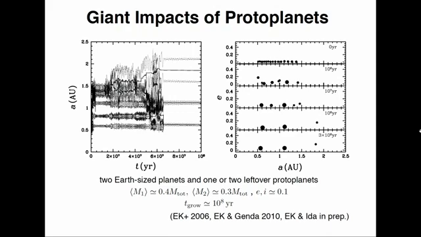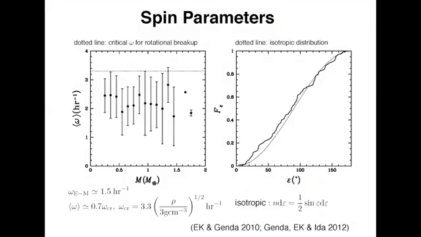For example, the masses of the largest and second largest planets have this relation to the total mass of the embryos. Mean orbital eccentricities and inclinations are 0.1, which is higher than the solar system's terrestrial planets. And the growth time scale is about 10^8 years.